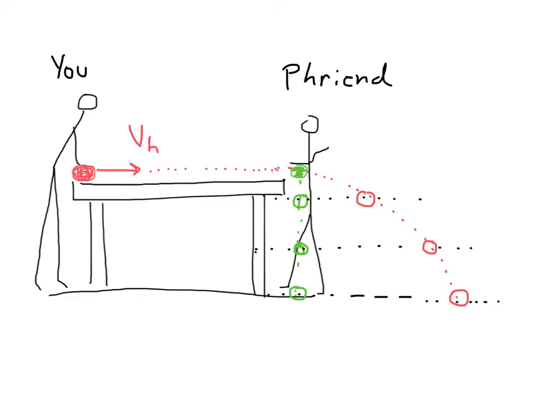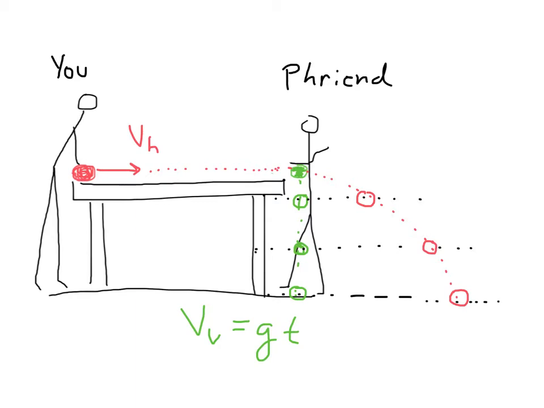And so that's a key point with projectile motion, is that the horizontal component and the vertical components are separate. And so for both of these, your friend's that's going to fall, the vertical velocity is just like we said before. It's the acceleration of gravity times time. And that goes for yours that you rolled off the table and theirs that they dropped. So in this case, when they drop them, they're both going to hit at the same time.